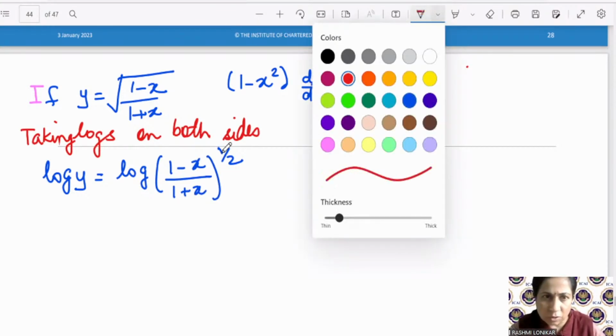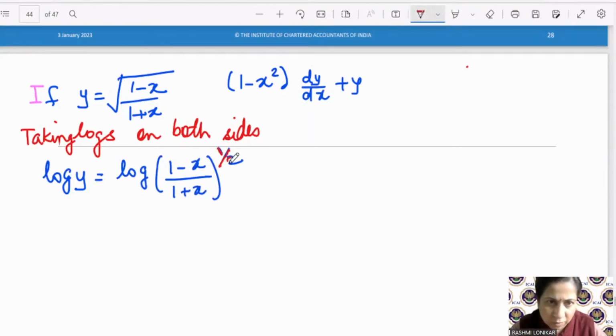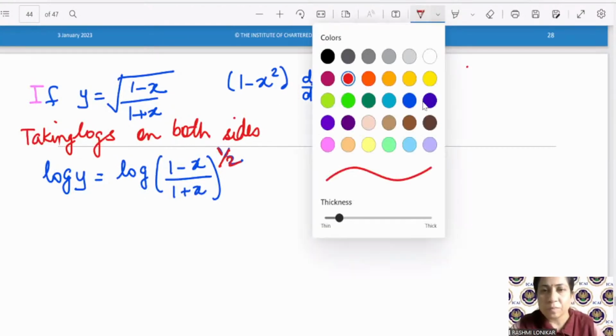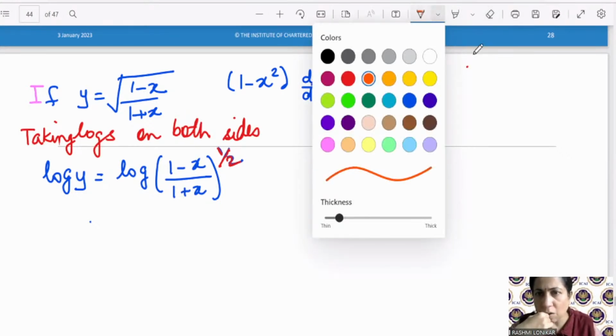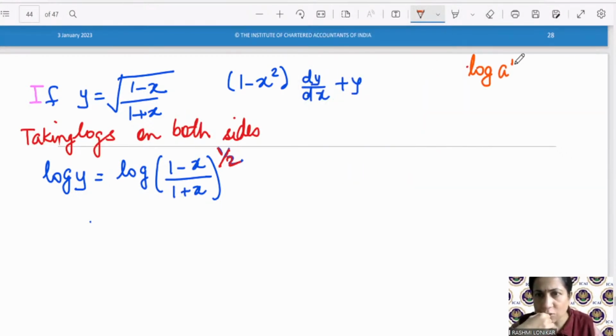So this is most important, raised to half. Now you know that log of a raised to m is equal to m log a.